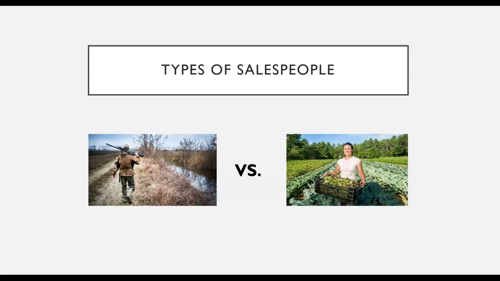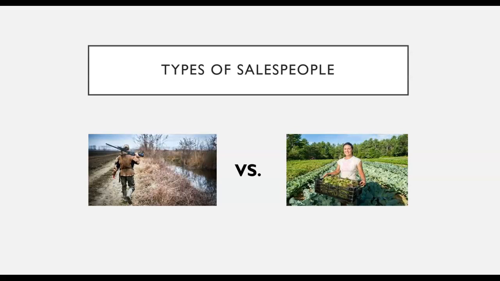This is not in your book, but there are types of salespeople or roles. These are probably more, I should say, roles of salespeople within an organization. So on the left is a hunter. A hunter salesperson would be primarily responsible for going out and getting new business. So lots of cold calling, getting new accounts.